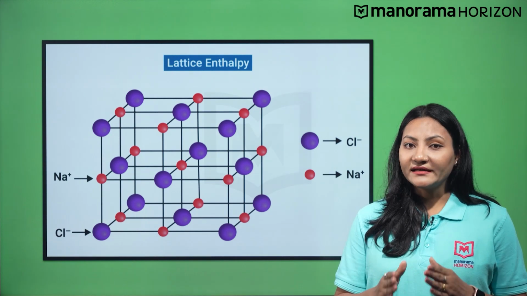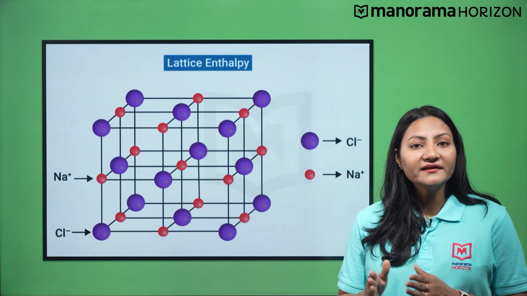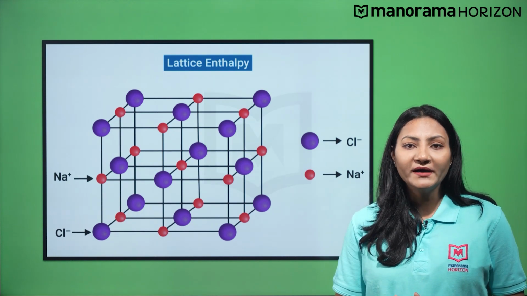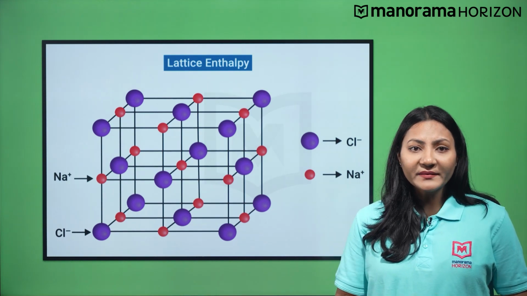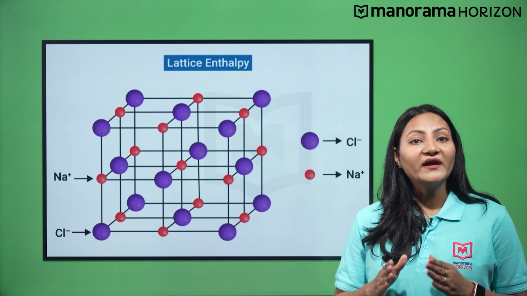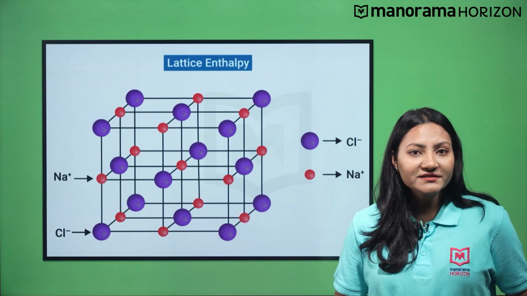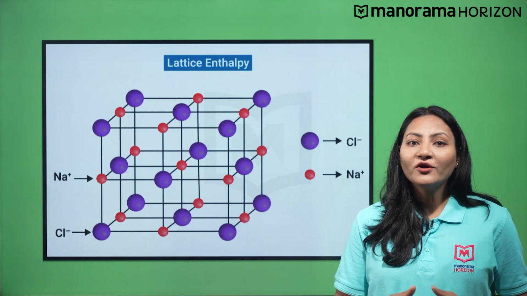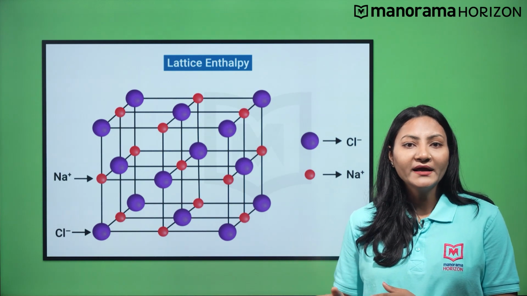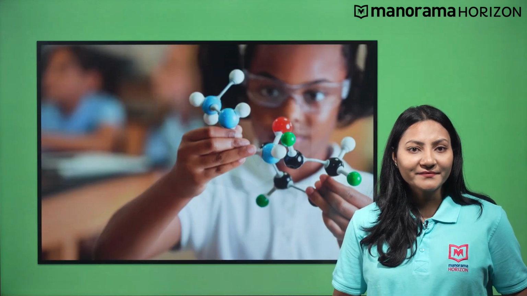That is, in the case of sodium chloride, the lattice enthalpy is equal to 788 kJ per mole. This means that about 788 kJ per mole of energy is required to separate 1 mole of solid sodium chloride into 1 mole of gaseous sodium and chloride ions.